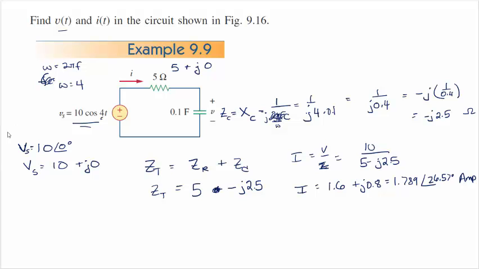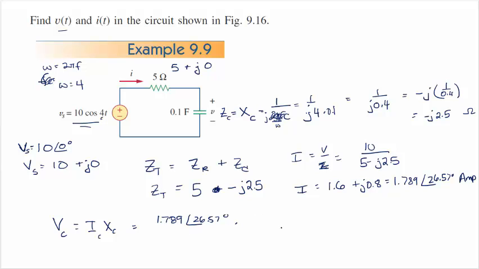And if we want to find the voltage just across the capacitor, it's like doing Ohm's law again. So V across the capacitor equals I in the capacitor, which is the same everywhere, times Z of the capacitor, which is our X sub C. My I is 1.789, rewriting it there.